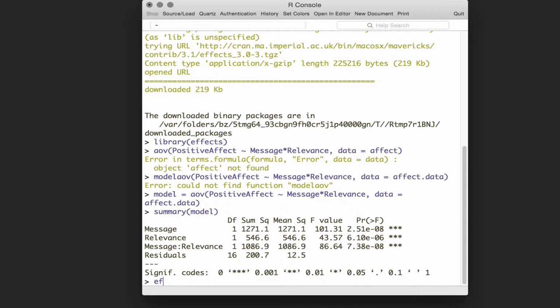So let's start off with the main effect of message. We're going to use the effect function. So we're going to type in effect. And first of all, we want to know what the main effect of message means. So I'm just going to type in literally the name of our effect as it's written in our ANOVA table here. I want to look at the main effect of message. And the next thing it wants to know is what model does that apply to?